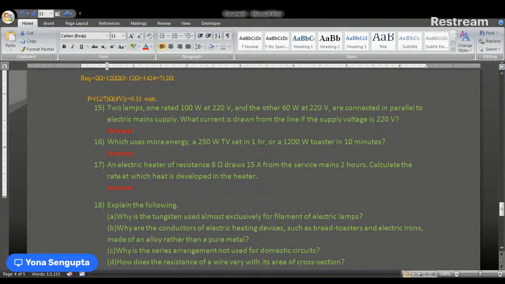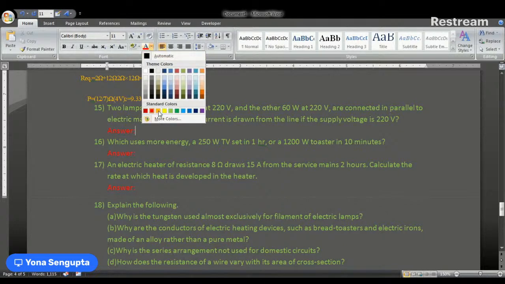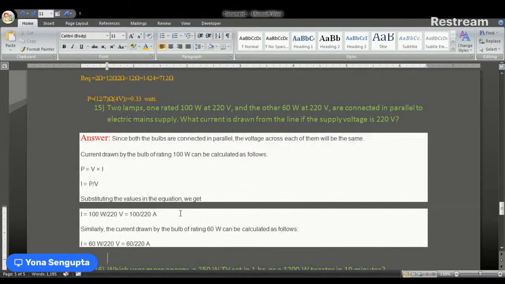So what current is drawn from the line if the supply voltage is 220 volt? Now, as you can see, since both the bulbs are connected in parallel, the voltage across each of them will be the same.